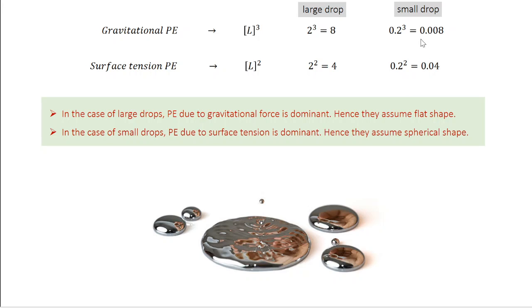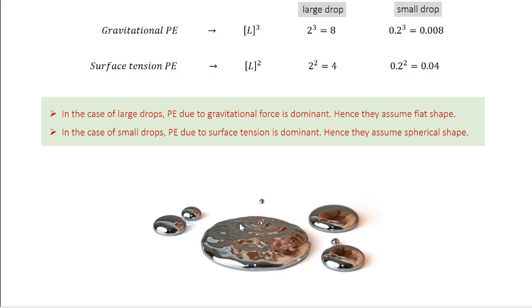If the drop wants to have maximum stability, it needs to minimize the surface tension potential energy, and for that it will assume a spherical shape. So large drops always have flatter shapes, whereas small drops will have a spherical shape.